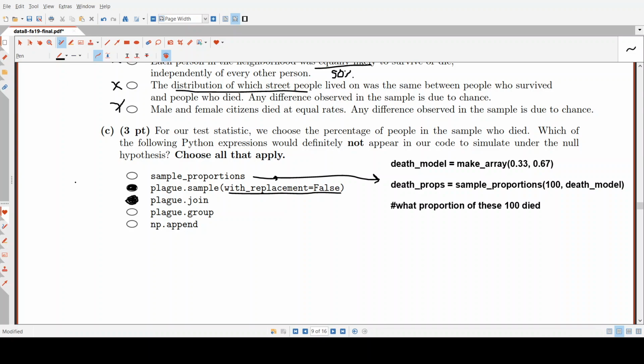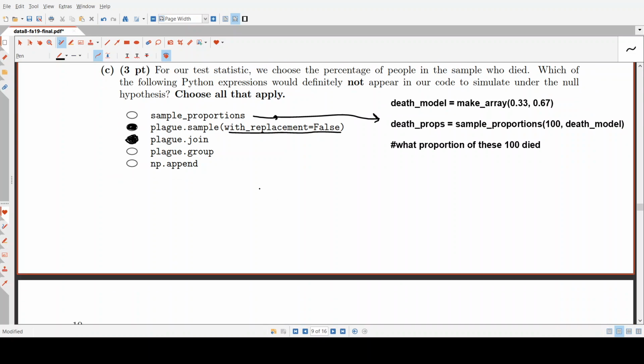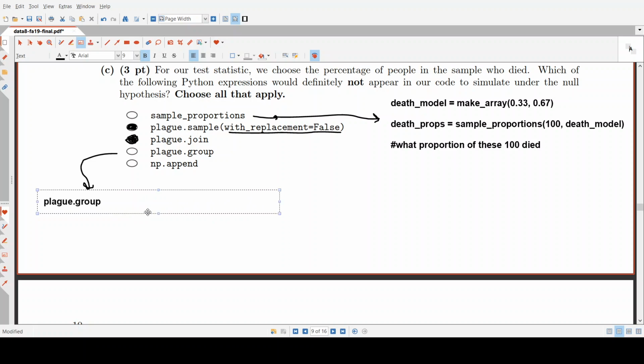Okay, so the next one is plague.group. And I would say, yeah, that is possible to use. One example where we can use this is we can do plague.group by survived.